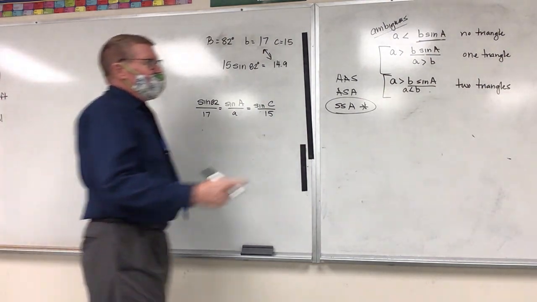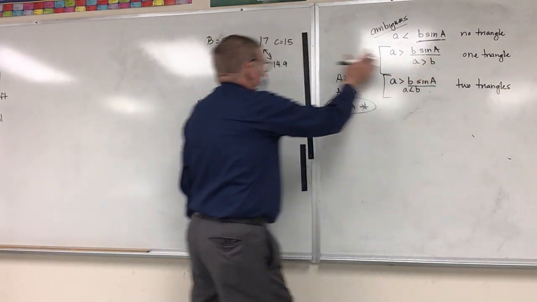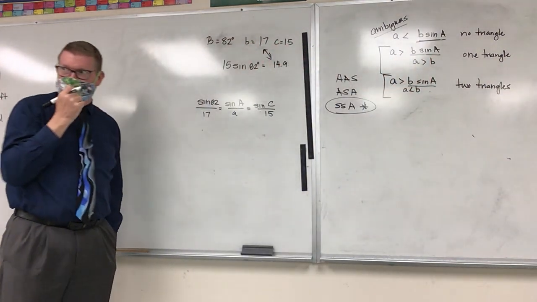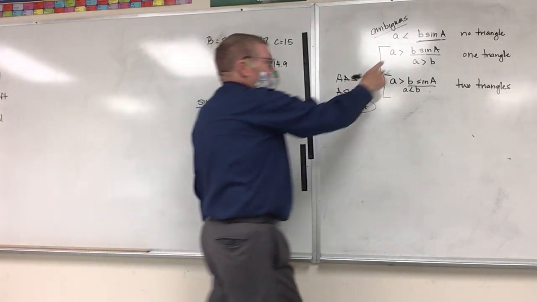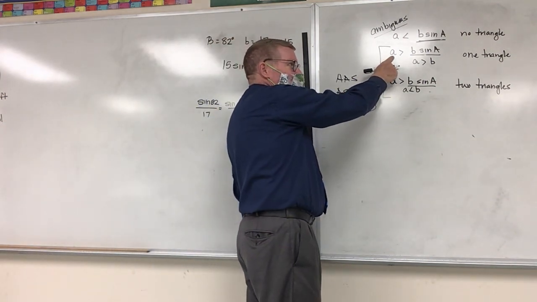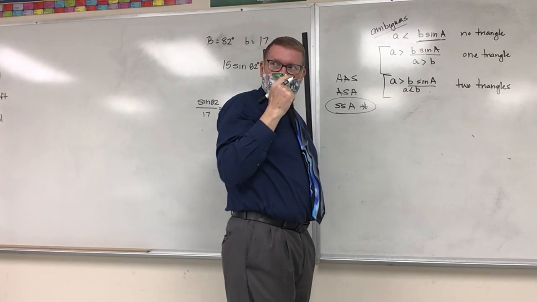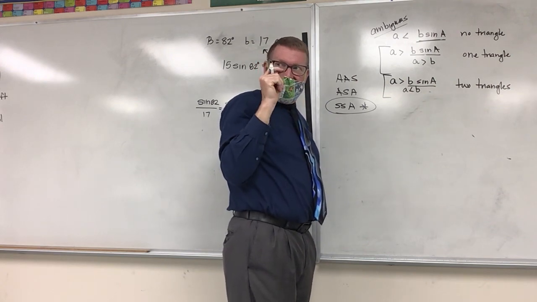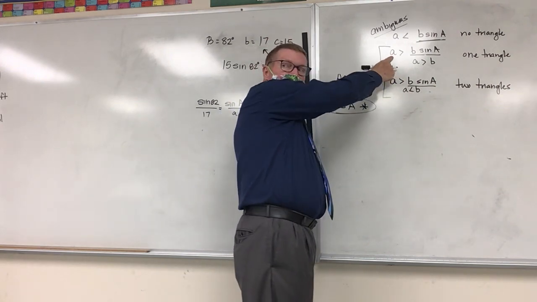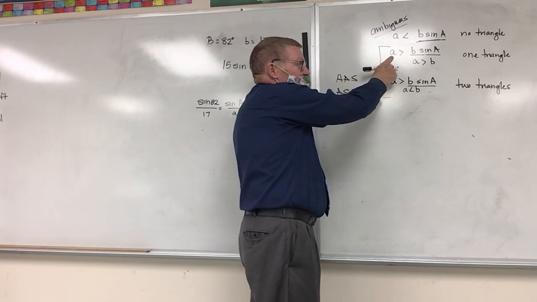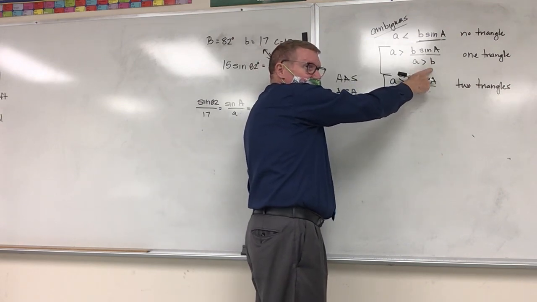Do you remember, these letters would not always match with the letters I have. Here the side opposite, 17, is greater than 14.9. How does the side opposite compare to the side that I'm given?